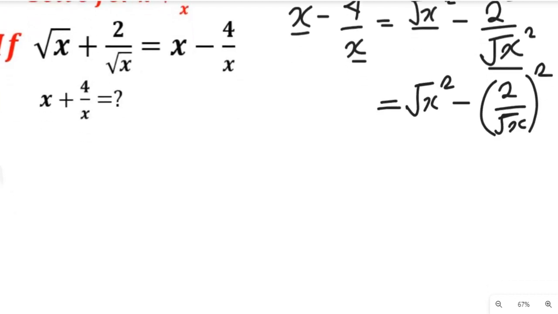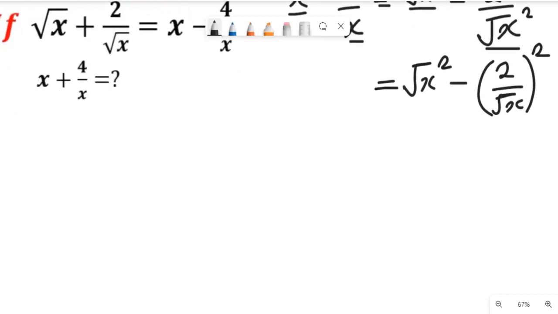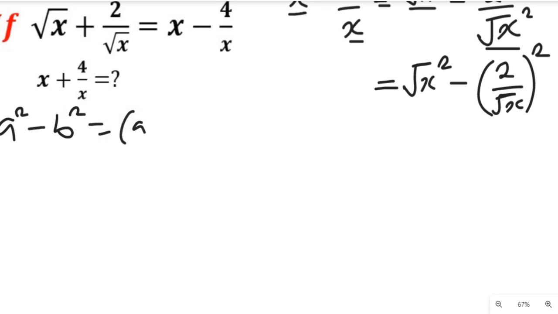Now remember an algebraic formula: a squared minus b squared is equal to a plus b multiplied by a minus b.